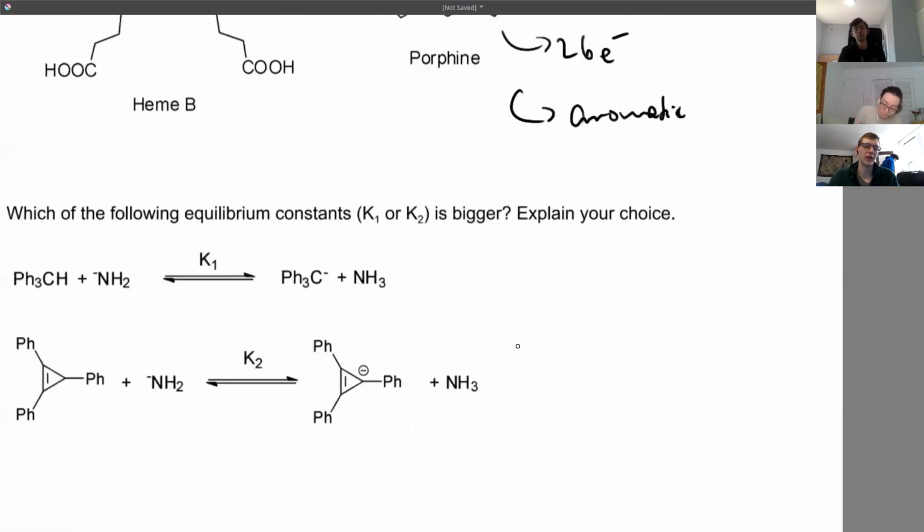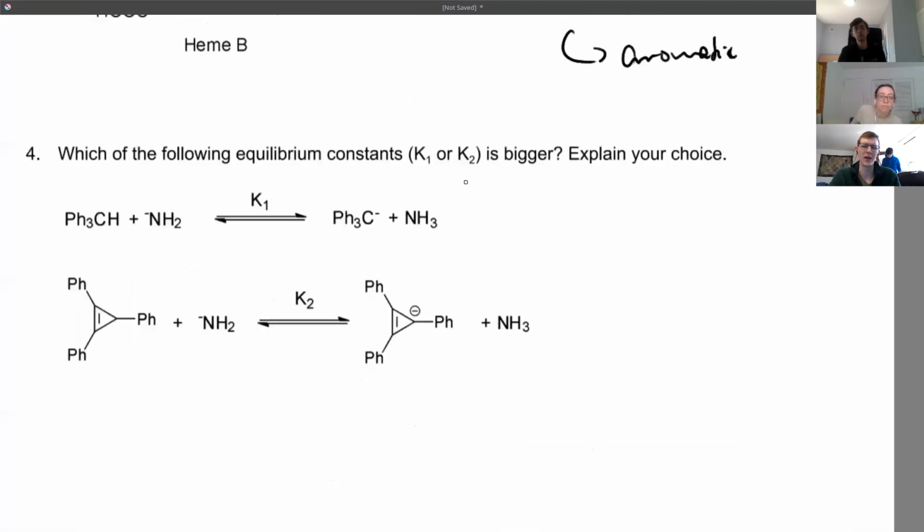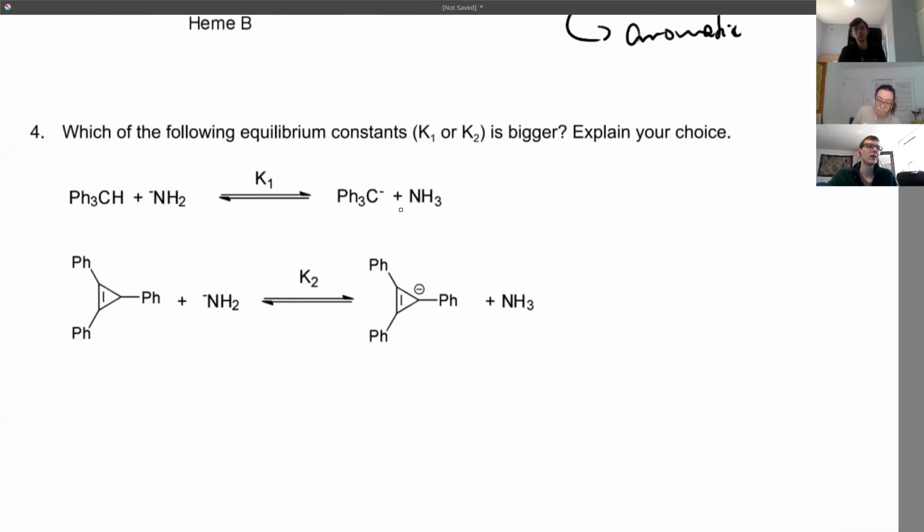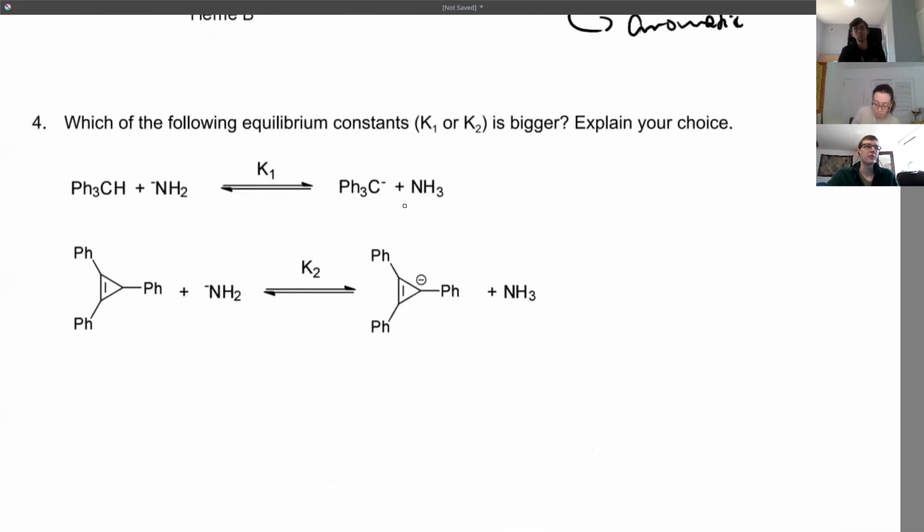Yeah, this is the last one, at least of the aromatic questions. There's an extra question on the worksheet, but it has to do with reactions on aromatic rings, which, well, it's not going to be on the quiz, so we're okay there. Yeah, so which of the following equilibrium constants is larger?